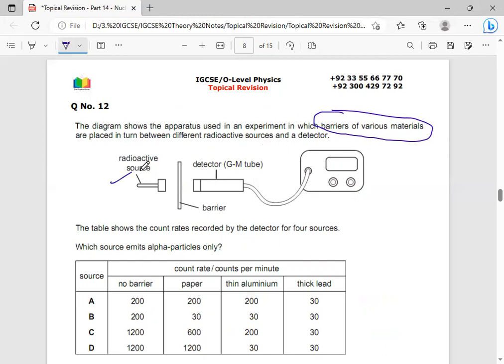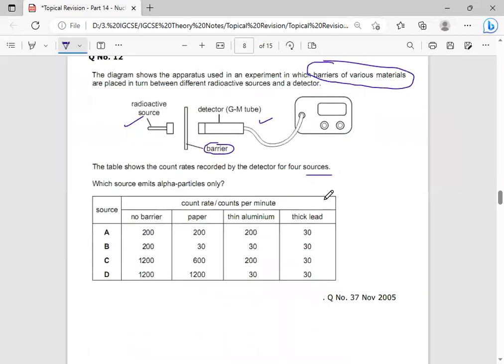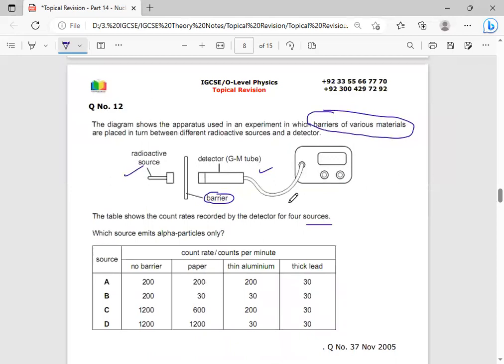So this was the source and this was the detector, and these were the barriers or absorbers. The count rate recorded by the detector for 4 sources. Which source emits alpha particles only?